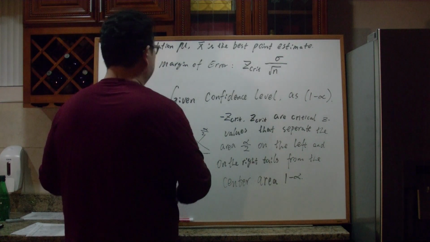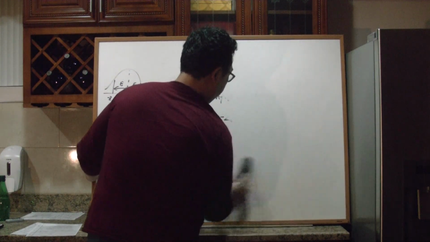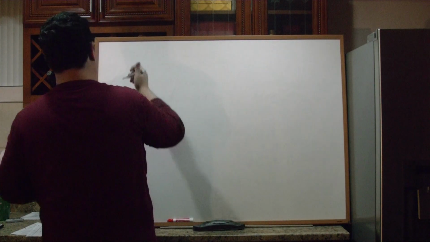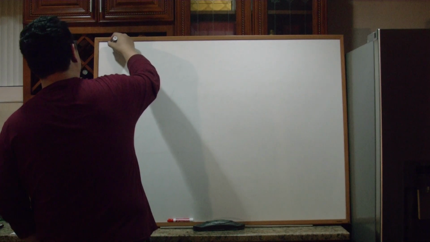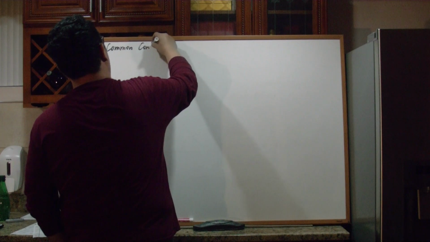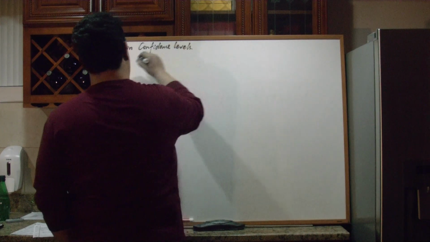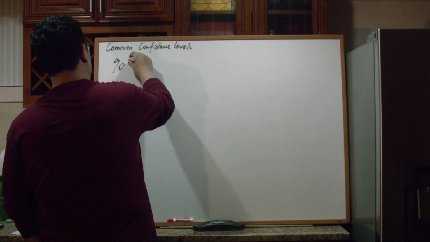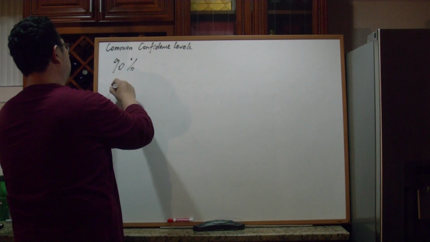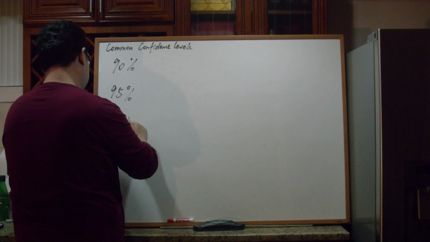Right, and for the z-score, our usual confidence levels are 90%, 95%, and 99%.